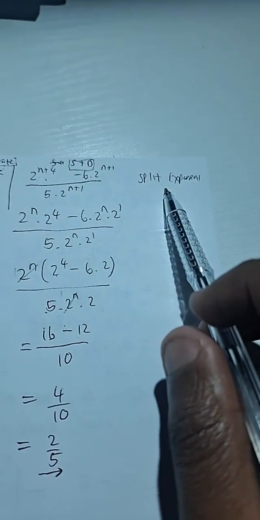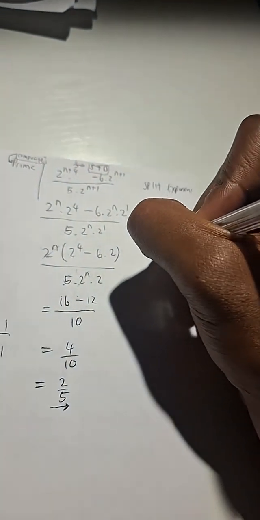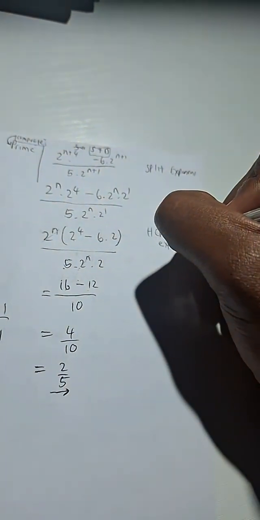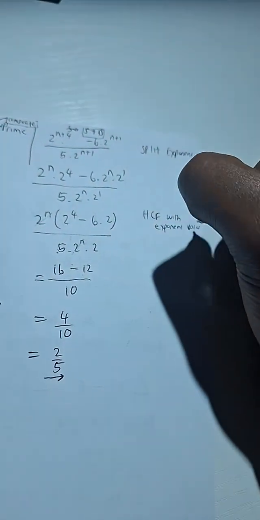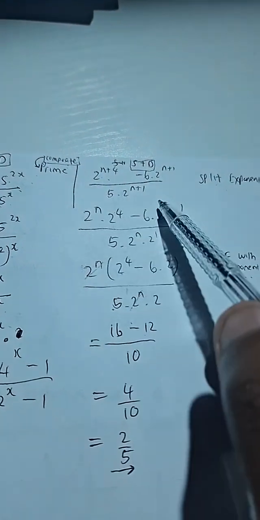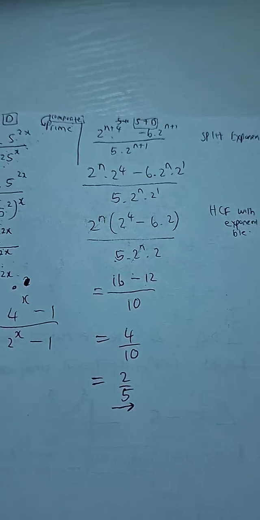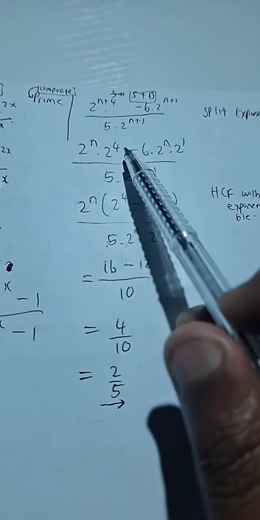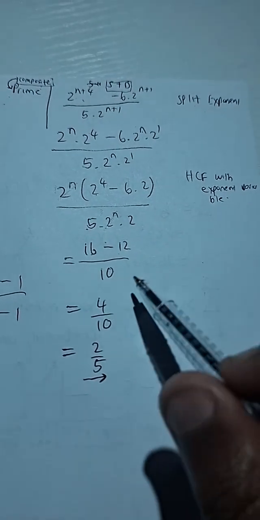So yes, guys, let's be familiar with the split. Take out the highest common factor with the exponent variable. But remember, guys, when the coefficients of the variables are the same, a common factor can be taken out. When the coefficient of the exponent of one is 2 times the other, we can use the K method. So it's very important we understand which one it is.